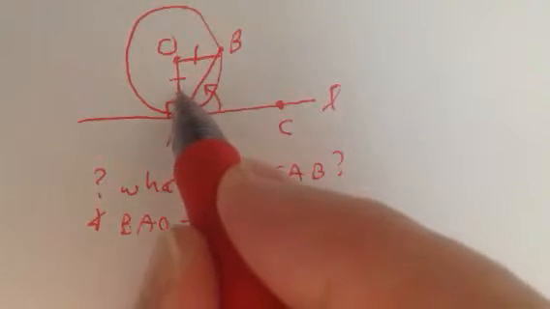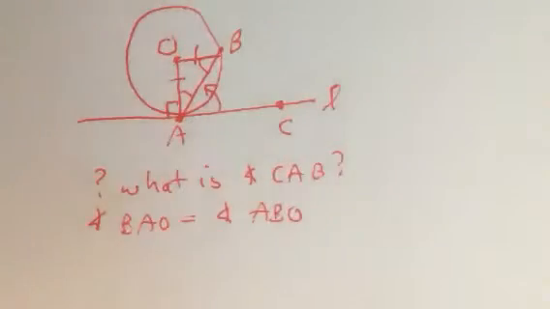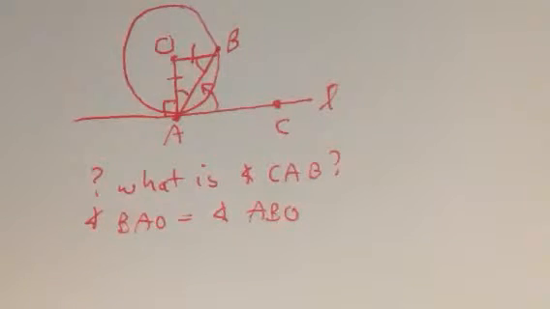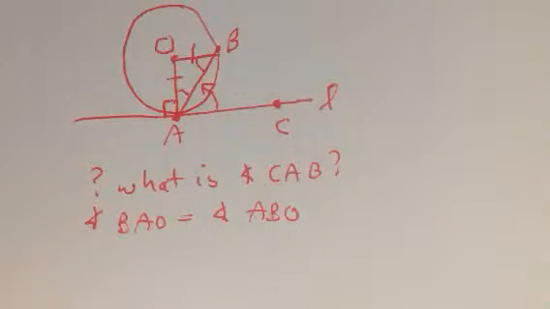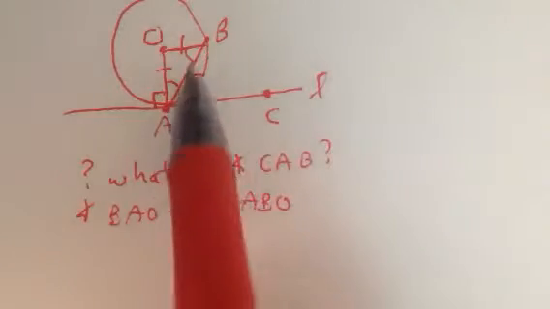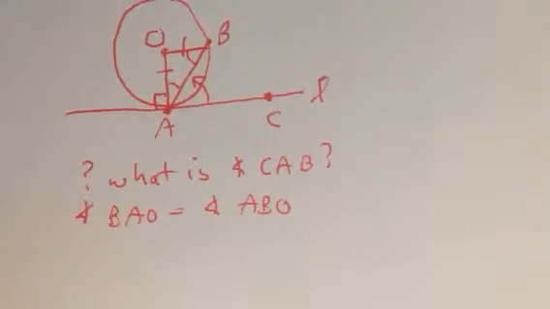So this angle here is equal to that angle there. We know that OA is perpendicular to AC. So how can we start solving for angle CAB, which is what we're looking for?